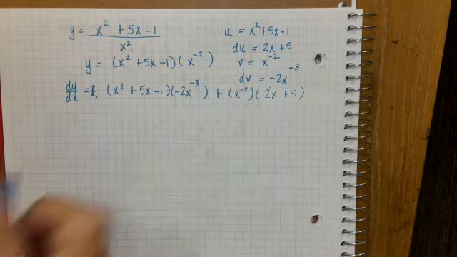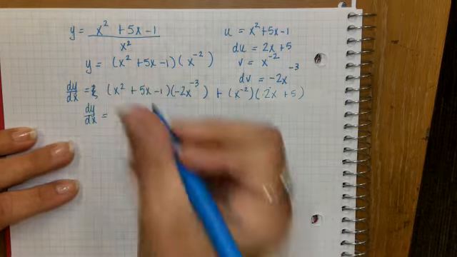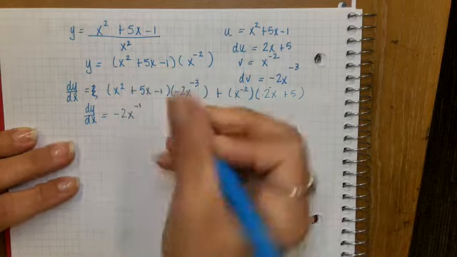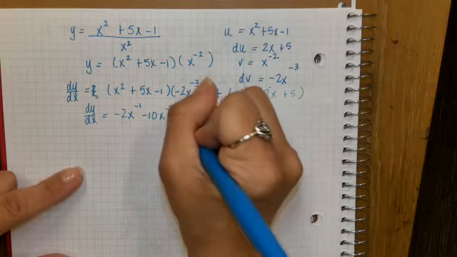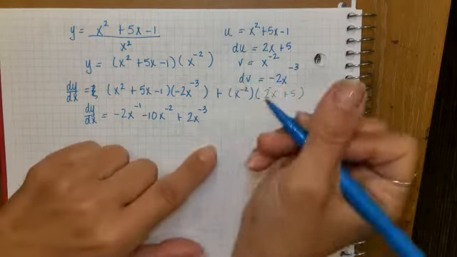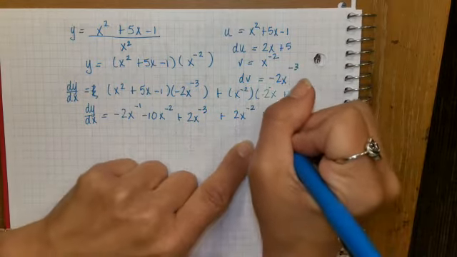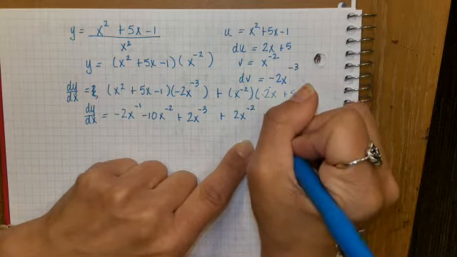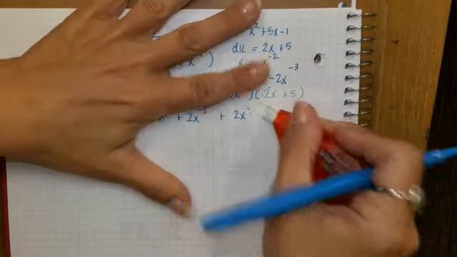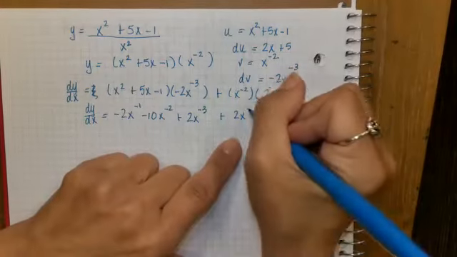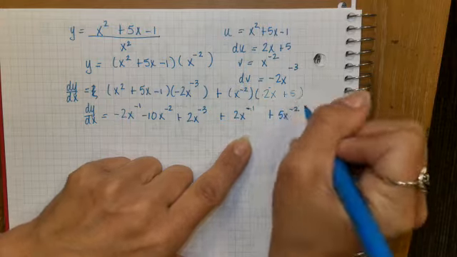All right, and now it's a lot of simplification. That's going to be negative 2x to the negative 1 minus 10x to the negative 2 plus 2x to the negative 3 plus 2x to the negative 1, plus 5x to the negative 2.